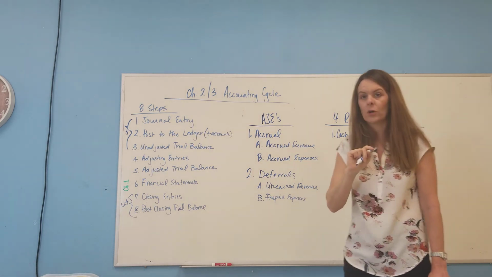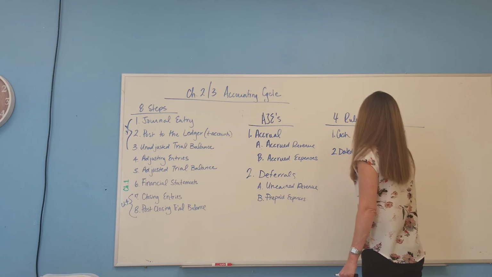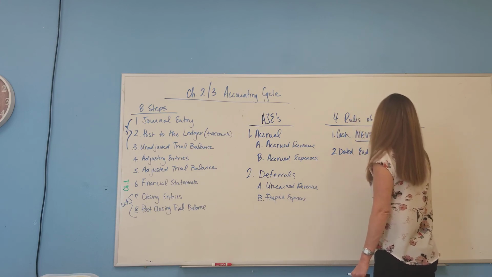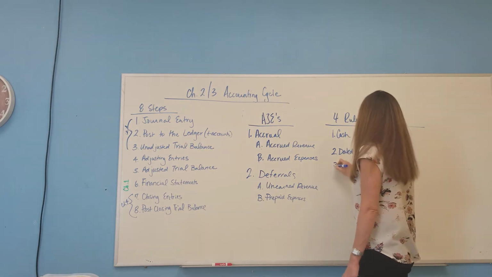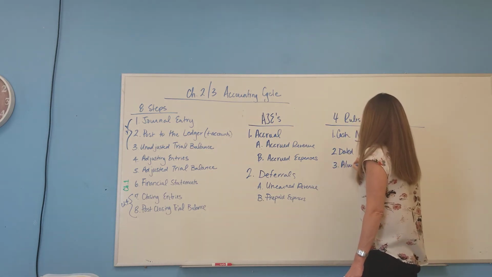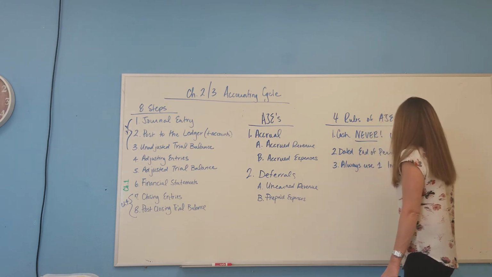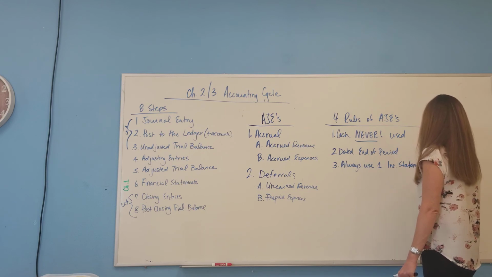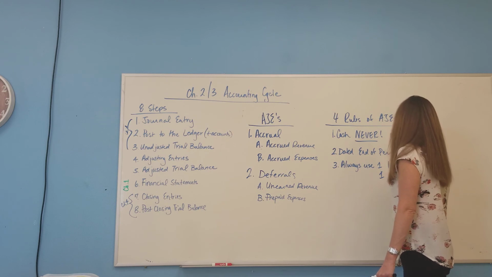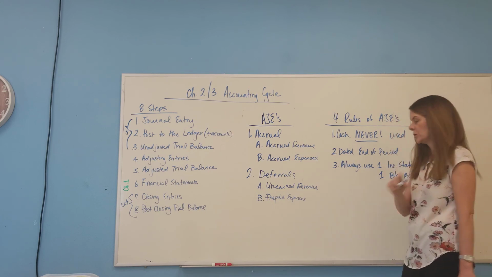You never, ever, ever use cash. 2, it's always dated at the end of the period. So we'll do a lot of December 31st. 3, you always use one income statement account and one balance sheet account. Always. We'll talk about that when we do the examples.